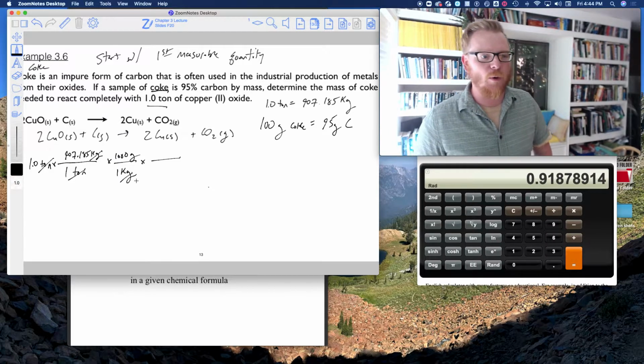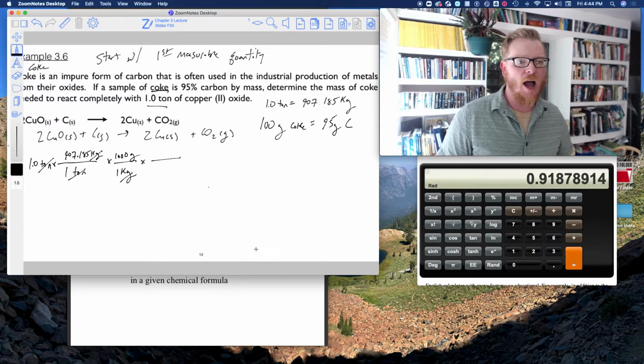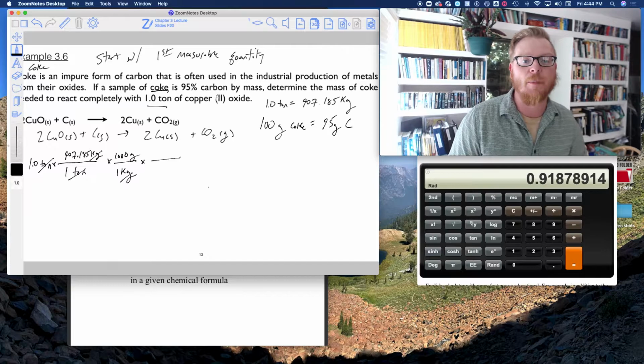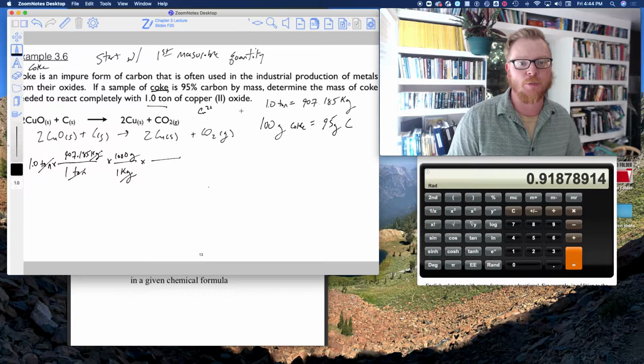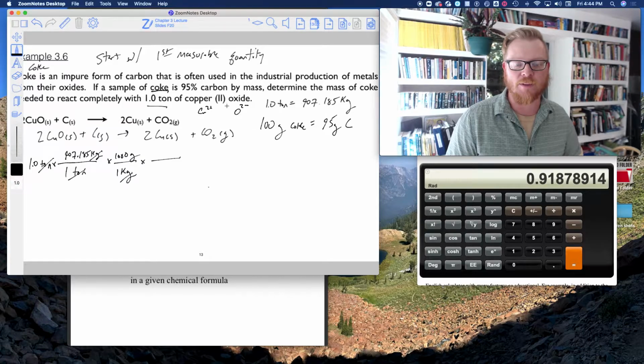And what is this that we're talking about? It's 1.0 ton of copper 2 oxide. Okay, remember copper 2 oxide, that's copper 2 plus. Oxygen, oxide is O2 minus, so that's why it's CuO, right? They both balance. I only need 1 and 1 of each. Okay.